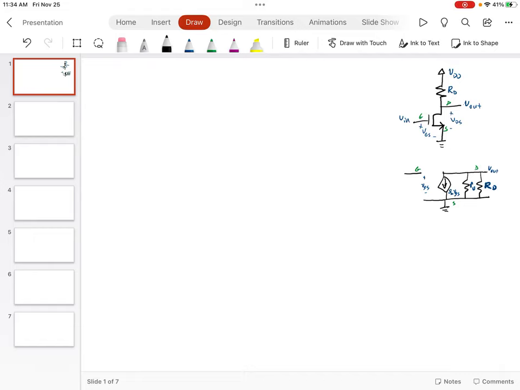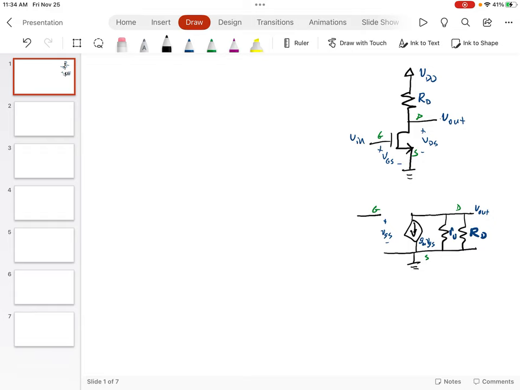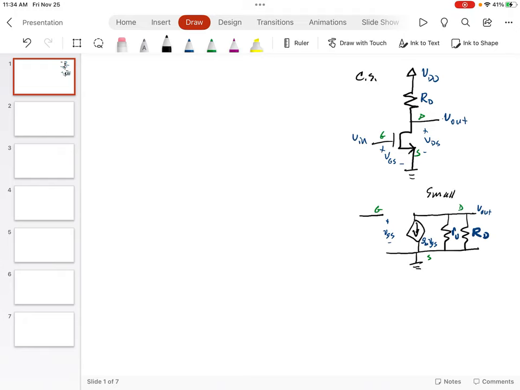I want to talk a little bit about the small signal model and using it, particularly about transconductance. So if we had a common source amplifier, and we've got this resistor load, RD here, the small signal model simplifies as just this for a MOS transistor.